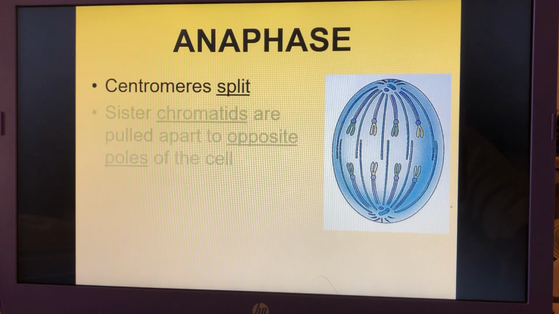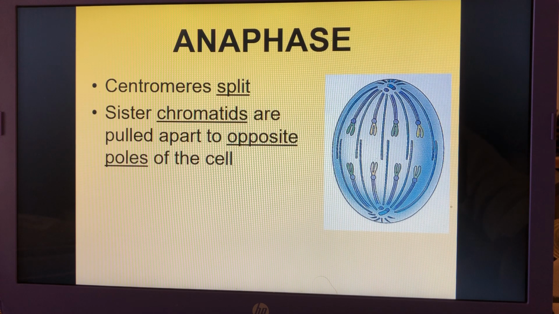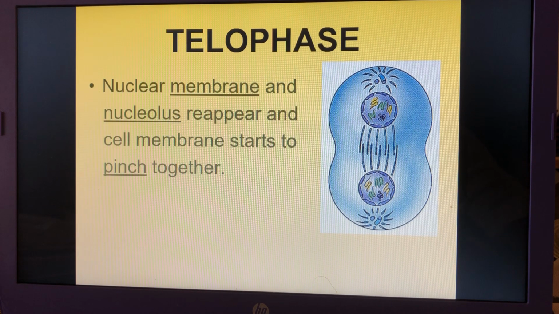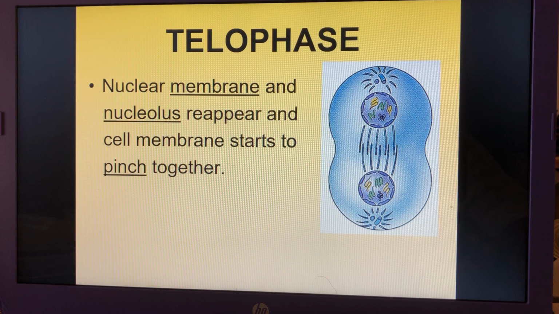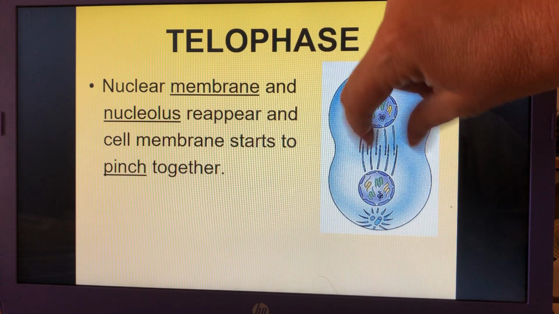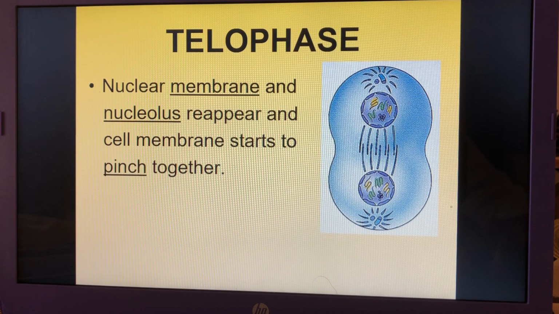Then we have anaphase, where the chromatids separate and are pulled apart by those spindle fibers, and they move to opposite ends. And then we go back to telophase, where the nuclear membrane reappears. We see that nucleus for the first time, and it starts to pinch off in the middle.